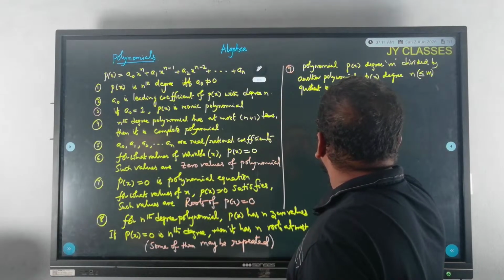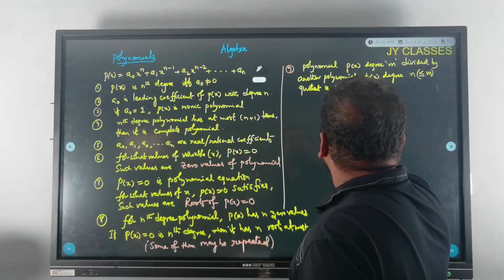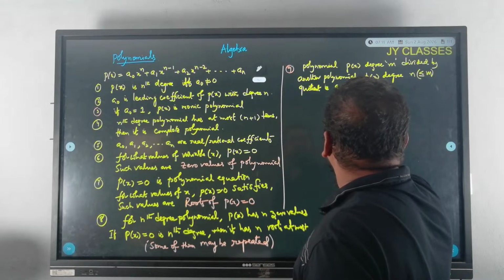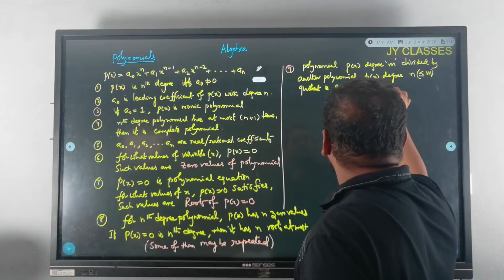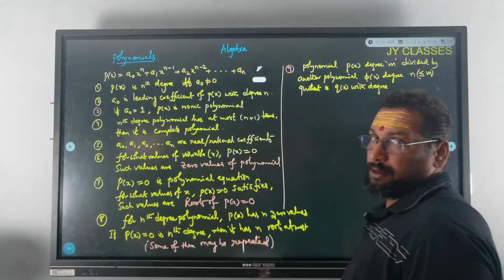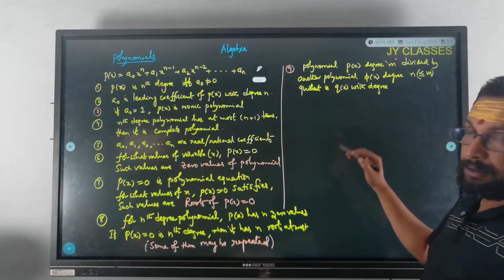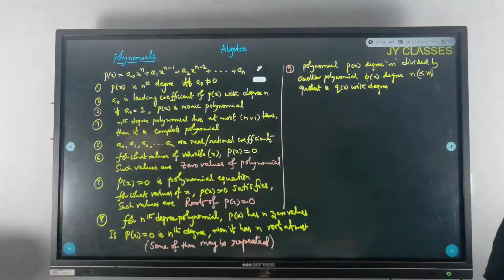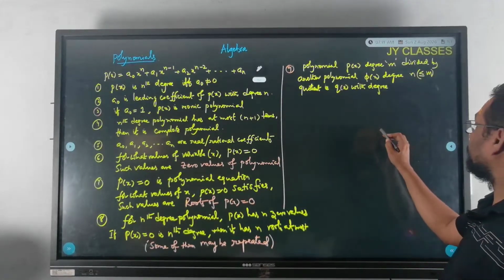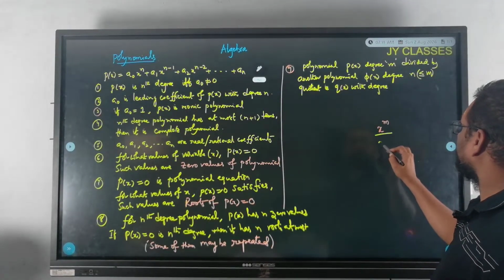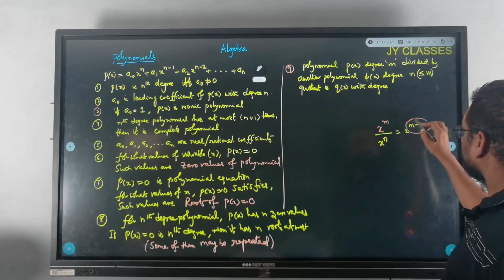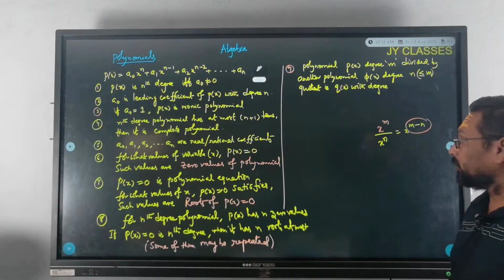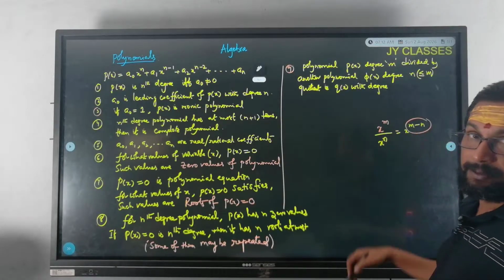The quotient is g of x, or else q of x, with degree, what is the degree? See, for example, x power m by x power n is x power m minus n. So the quotient is x power m minus n, whose degree is m minus n, by using the a power m by a power n formula.